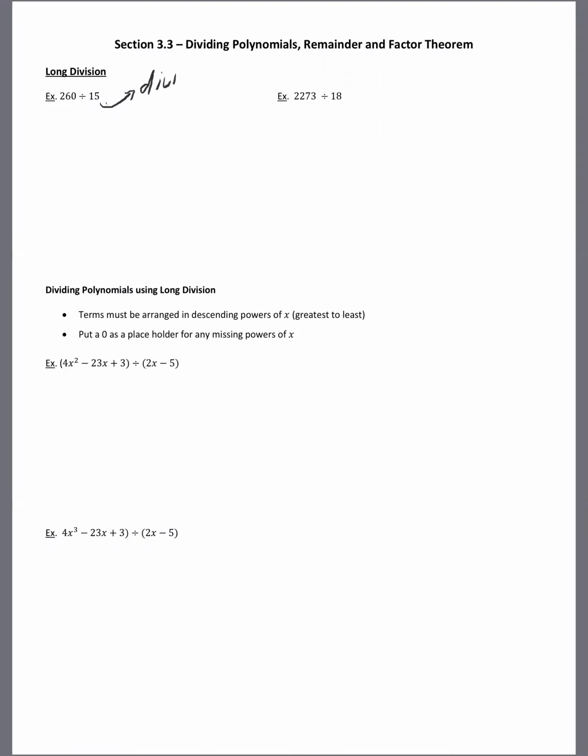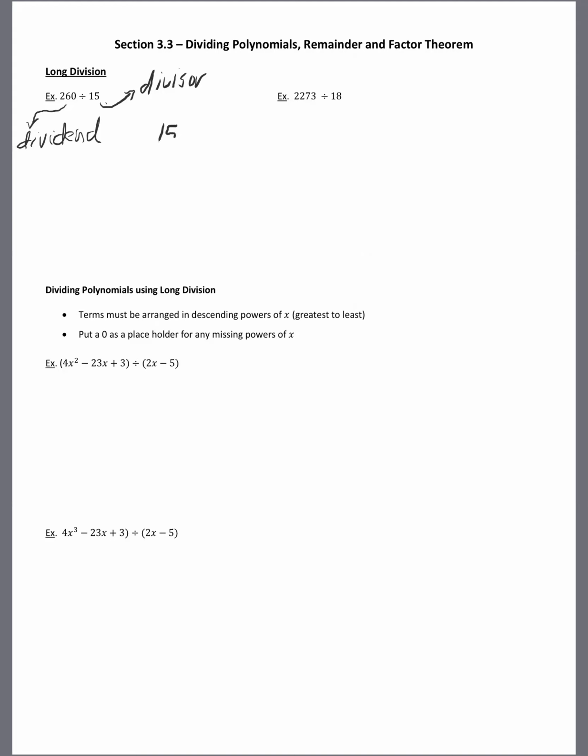The number 260 is what we refer to as the dividend. And then when we get an answer, we'll have the quotient, and then sometimes you have what they call the remainder. So when we set this up for long division, the divisor sits outside of the long division mark, and 260, which is the dividend, goes underneath.